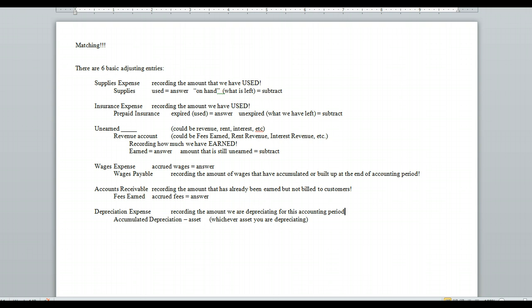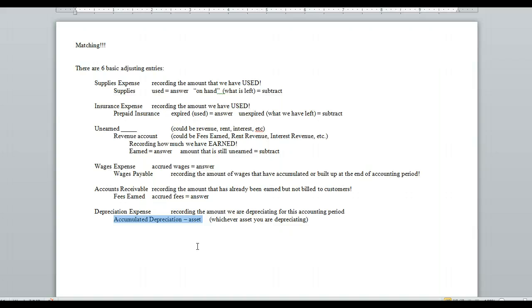This is going to be given to you at this point because we have not learned how to calculate depreciation yet. Just so you will know, this accumulated depreciation account is a contra asset account.